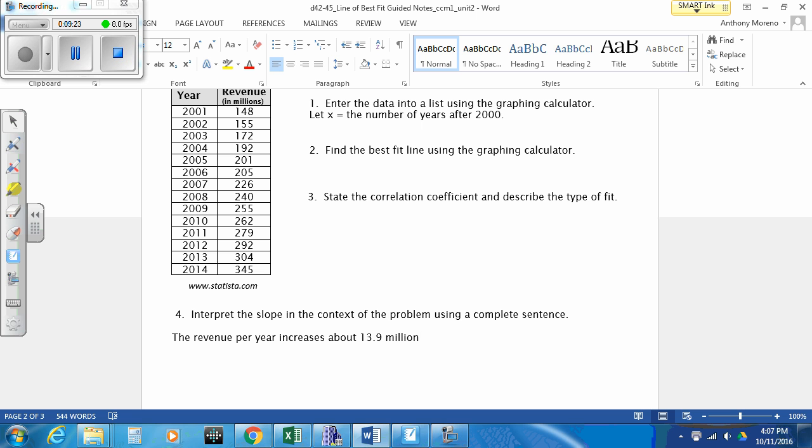About $13.9 million per year is about what they're increasing. And as you can see, that's close. This increases about 7 million, and this increases here from 55 to 172. It's about 17. So as you average all those together, your best fit line kind of gives you an idea of where it would land. All right, so the revenue per year increases about $13 million.